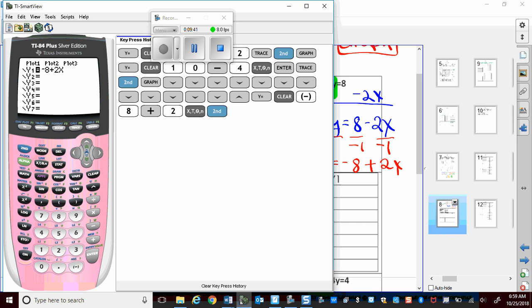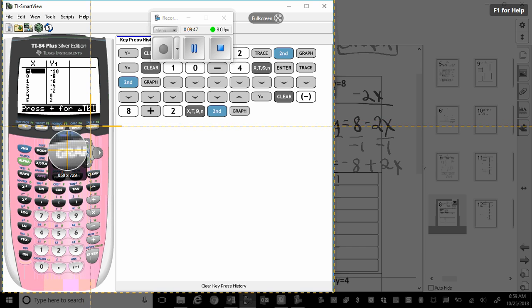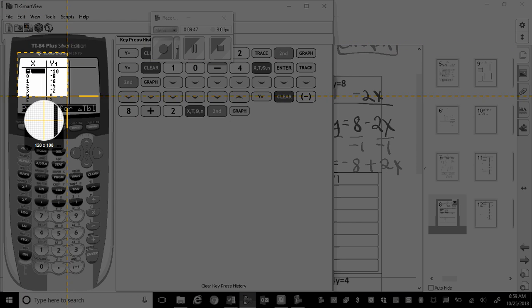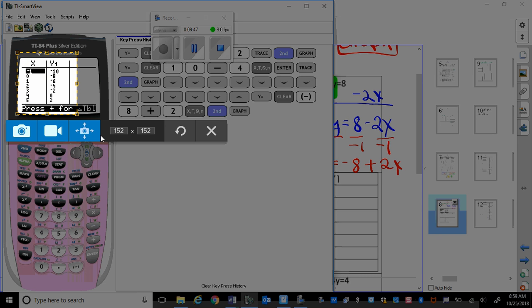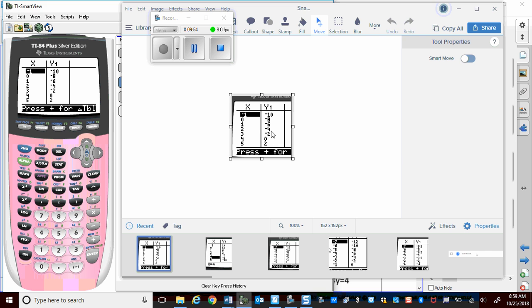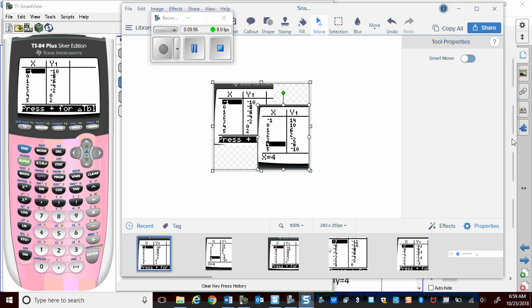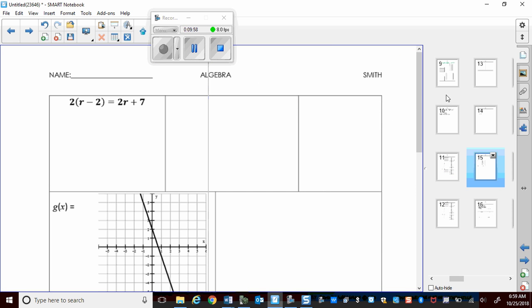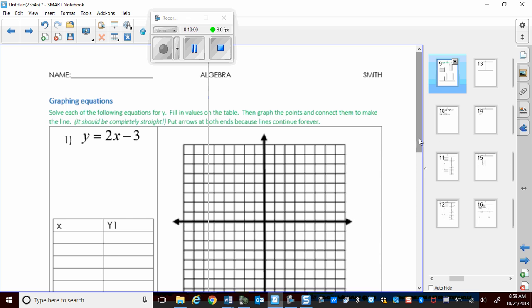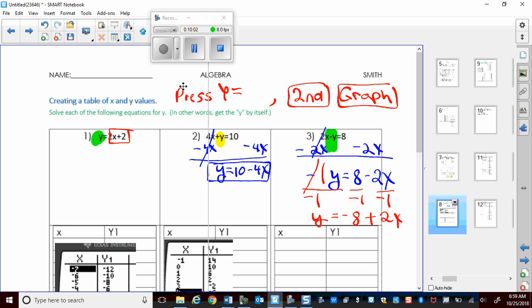Press second graph for table. Take a screenshot, print screen. And there's my table. So I'll paste it in here for us. Let's go back over here.